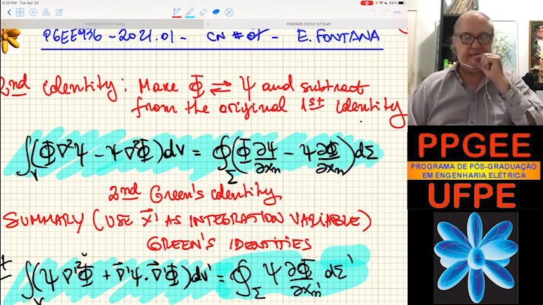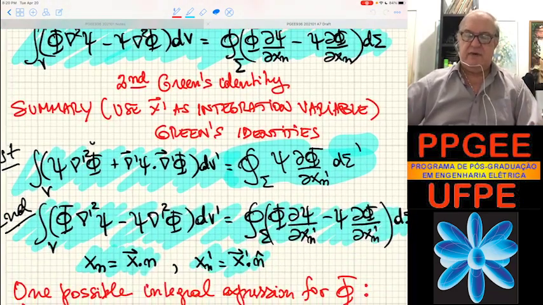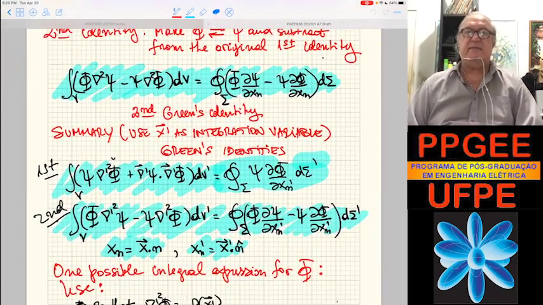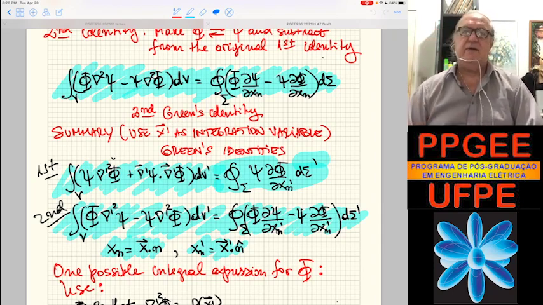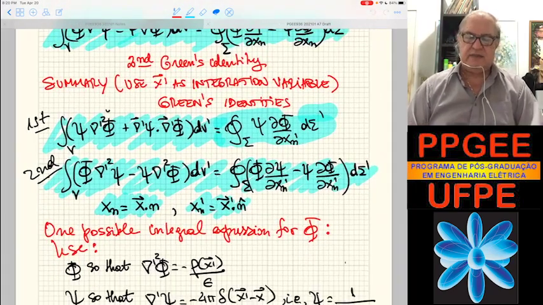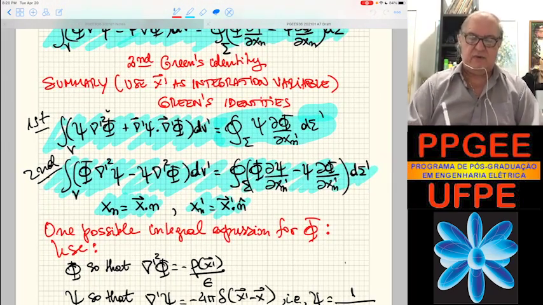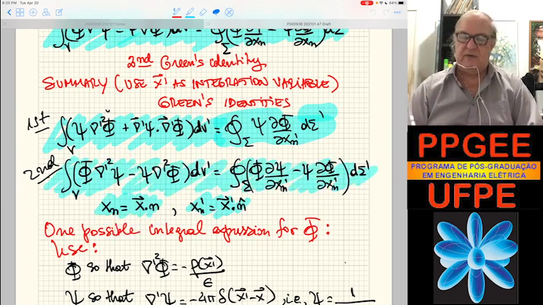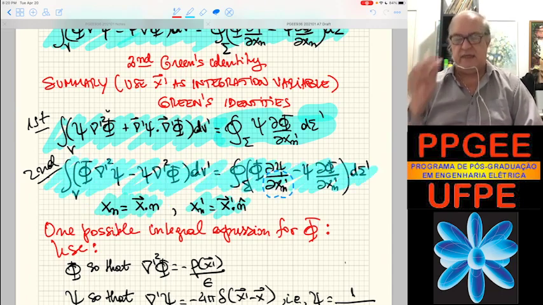That's the second Green's identity. So in summary, we have those two identities that can be used. You can choose any functions you want to use in those identities. I'm going to use the second identity, just recalling that x_n is the projection of x along the normal direction, so it's the derivative relative to the normal coordinate.